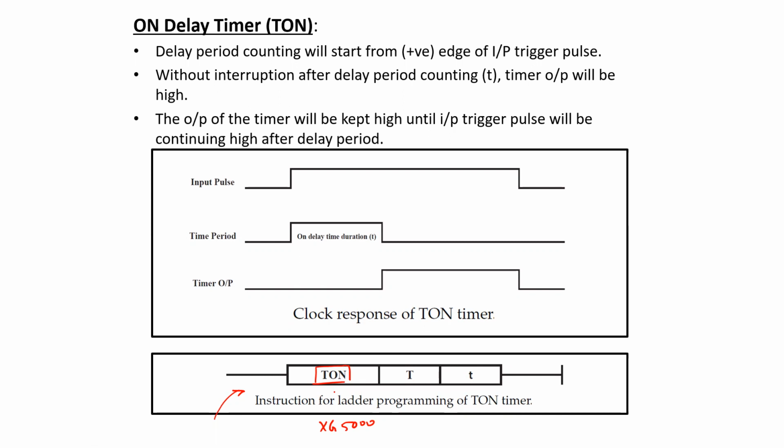So if someone wants to use the on delay operation, then T on has to be written as the timer type. Then the second block, this capital T, actually indicates the address of the timer. So starting from T000 up to T1023, any one of the addresses can be used.